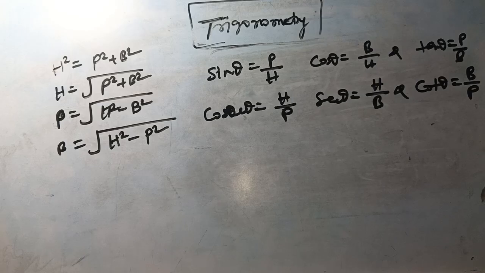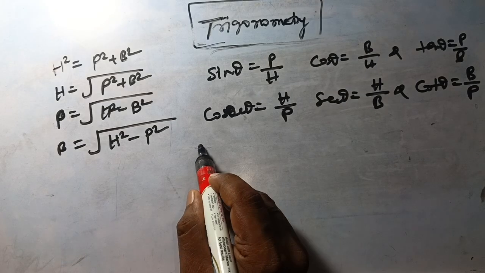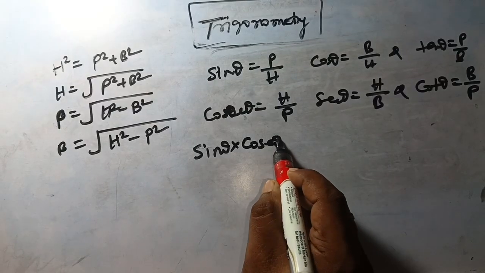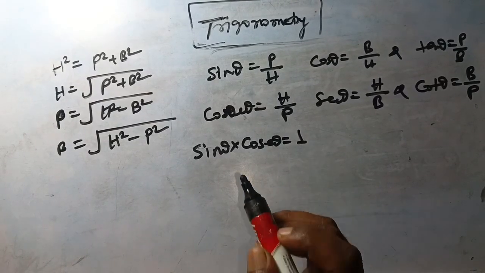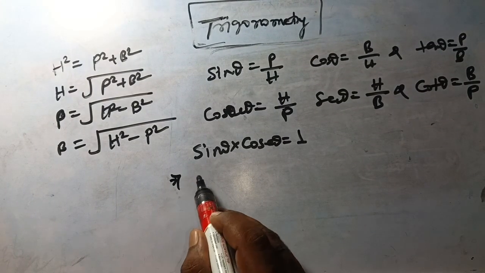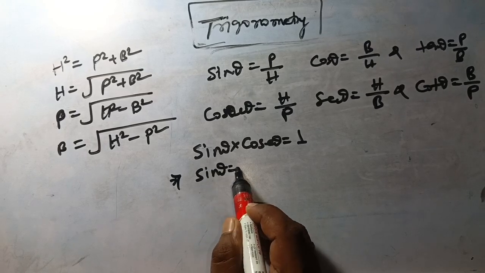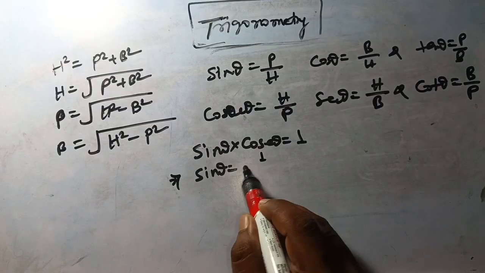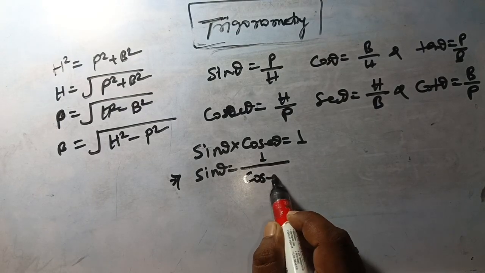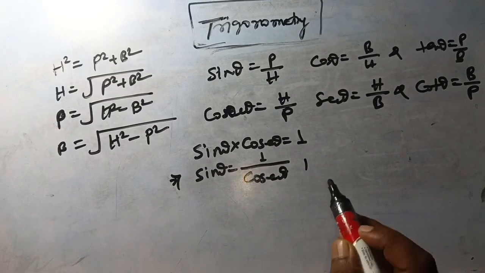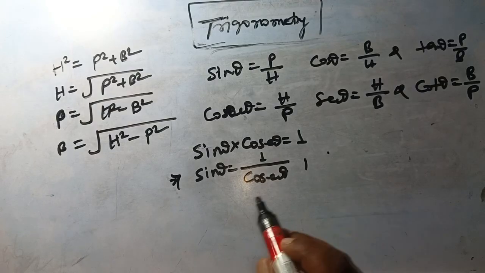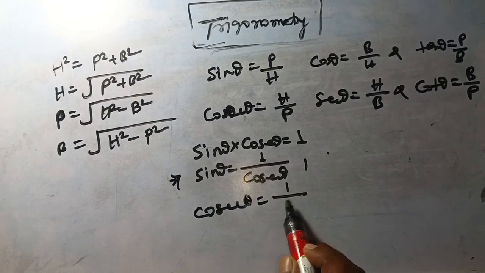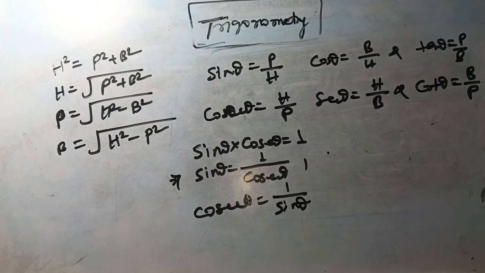From here we can also find sin theta into cosec theta is equal to 1, and sin theta, as I have told, is the reciprocal of cosec theta, so I can write it as 1 upon cosec theta, and cosec theta is equal to 1 upon sin theta.